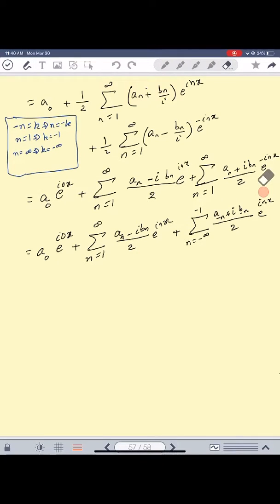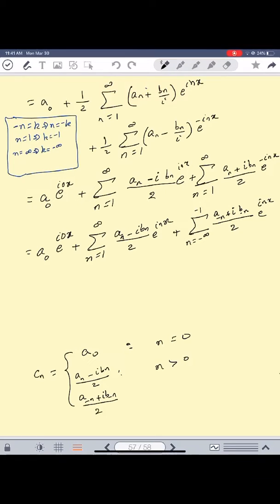Now, what is the meaning of this last line? If you say Cn is A0 when n is 0, An minus iBn over 2 when n is positive, I mean n is 1 to infinity. I took this from this sum. And then if you say Cn is A negative n plus iB negative n over 2 when n is negative, what happens?